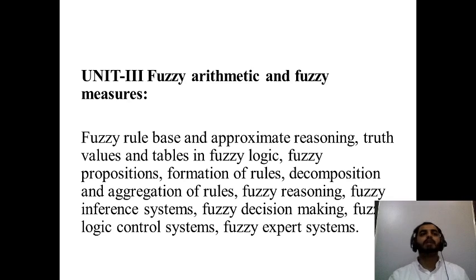This fuzzy system can be implemented in every aspect of your life, in taking decisions. You should not be preoccupied with any of the things. If you are preoccupied, then you cannot make a proper decision. This is all about making you understand what fuzzy arithmetic and fuzzy measures are all about.